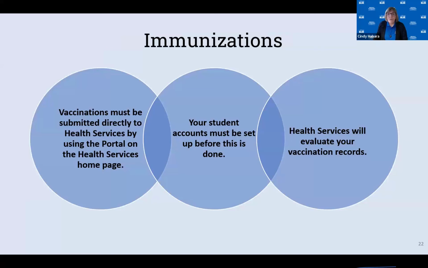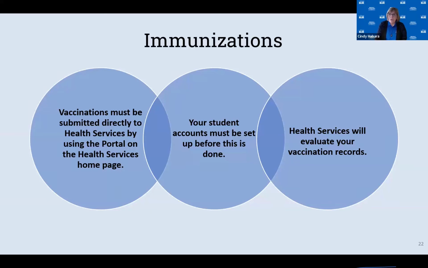All right, so when you do your immunizations, again, you must have your student account set up. Health Services has a portal on their website that allows you to upload your vaccination records directly to Health Services. If you don't have your student account set up, you will not be able to do this. Health Services will then evaluate your records. They will go back into that little portal.